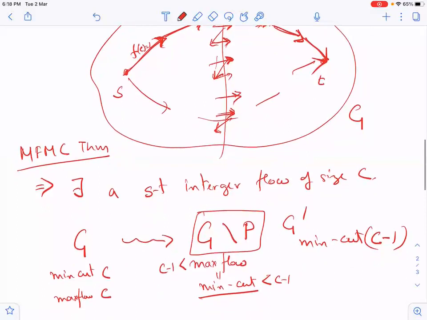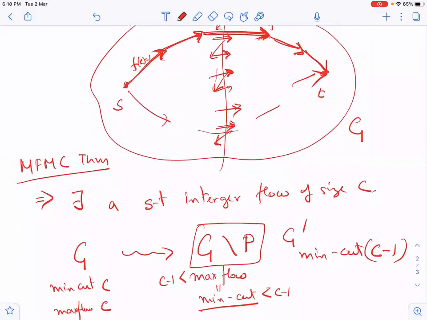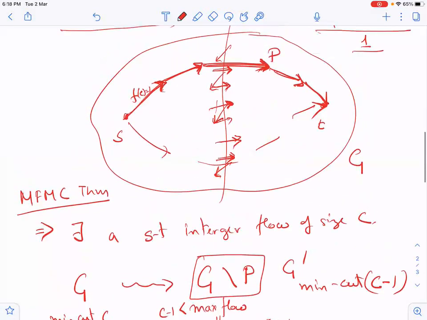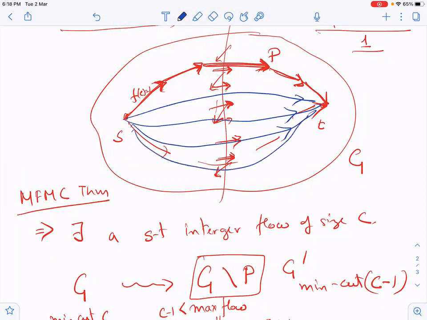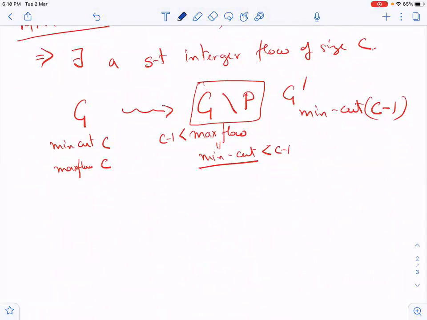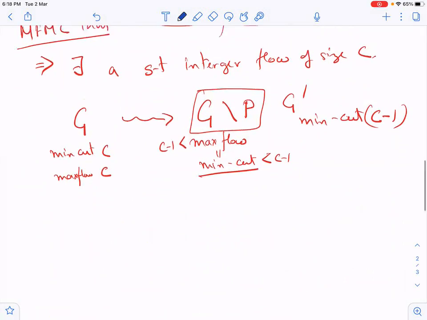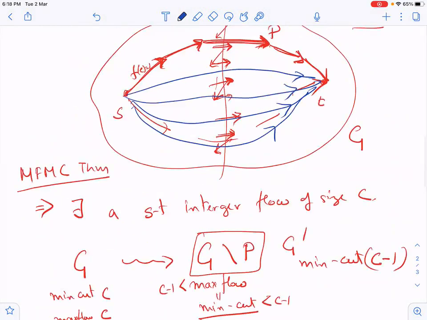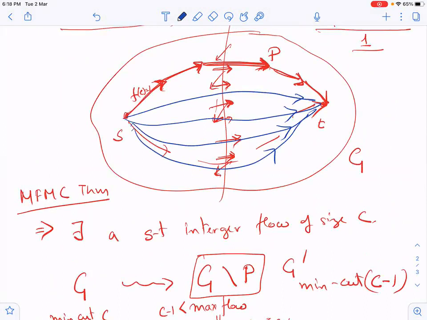So if I do an induction kind of argument now, let's think of it. In this graph, there are C minus 1 edge disjoint paths from S to T. So if I can use induction to prove that G prime has C minus 1 edge disjoint paths from S to T, then in G I have all those paths plus this P which was removed, which is another path that is disjoint from all the previous paths, right?